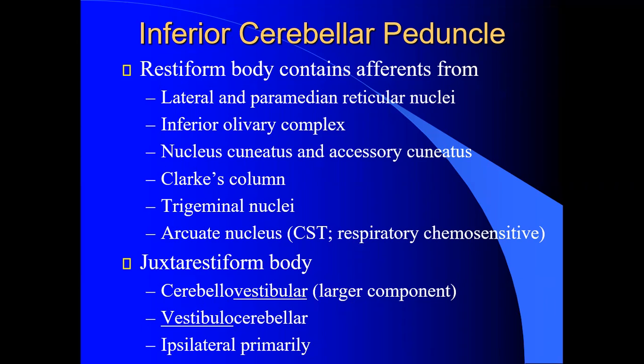So you're going from vestibular to cerebellum and back out again, and the cerebellum to vestibular is a larger component. This introduces another thing that we're going to return to in a minute, and that is some of the descending influences onto the incoming sensory information in the medulla and spine.